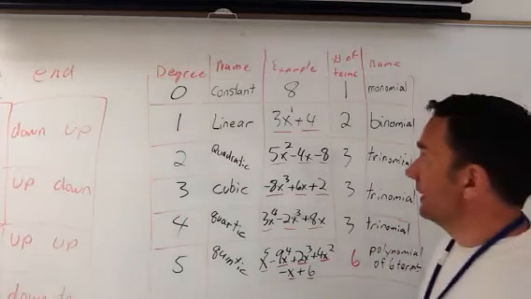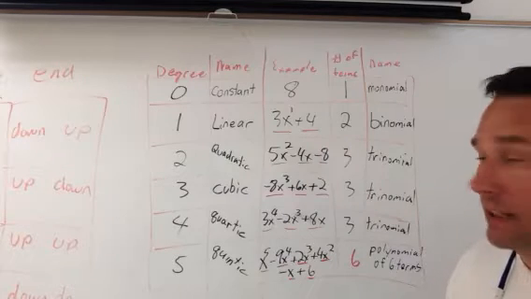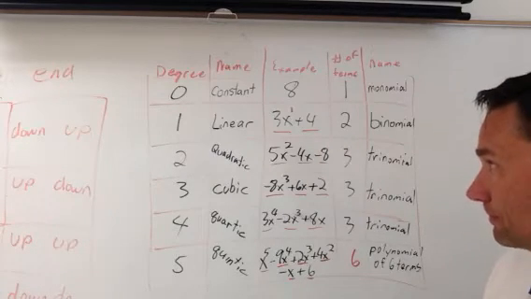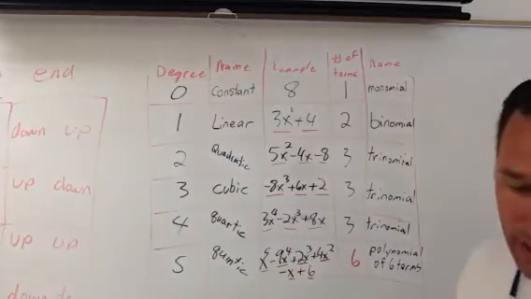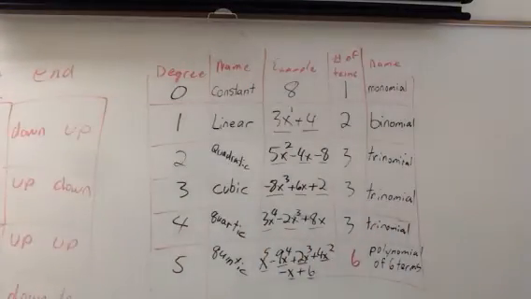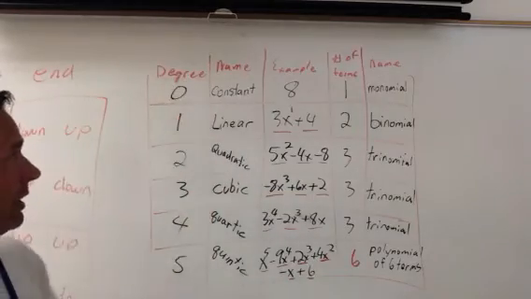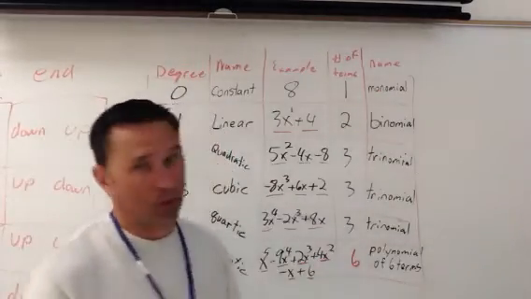So when we're looking at this, you want to be able to refer back to this chart over the next couple days. Now at the bottom of the notes, it says we can also classify functions with several different characteristics. We did it with naming them, identifying the degree, and then naming how many terms are in it.